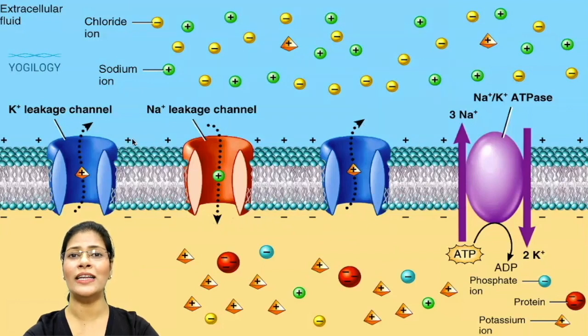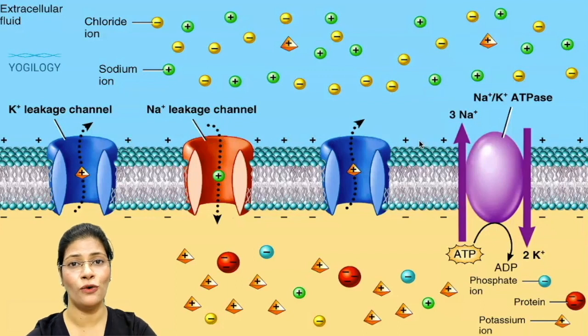Another factor that leads to negativity of resting membrane potential is the inability of most anions to leave the cell. They cannot follow the potassium ion out of the cell because they are attached to non-diffusible molecules such as ATP and large proteins.